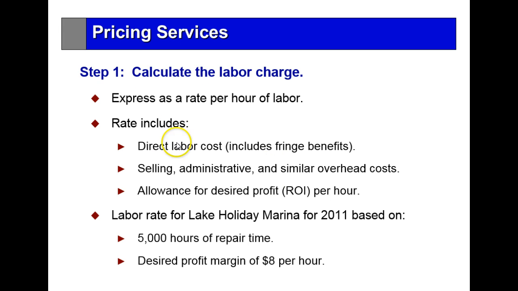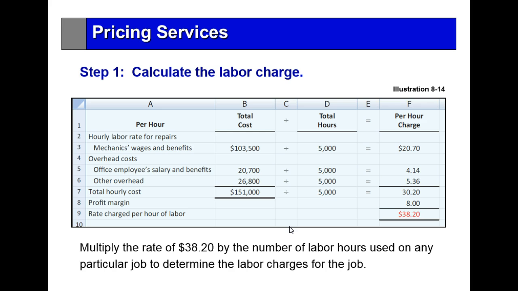It's going to include direct labor costs, selling, admin, and similar overhead costs, which we know are not manufacturing costs, and then an allowance for the desired profit per hour. So if the labor rate is based on 5,000 hours and we desire the profit to be $8 per hour, how are we going to determine the rate we charge per hour?